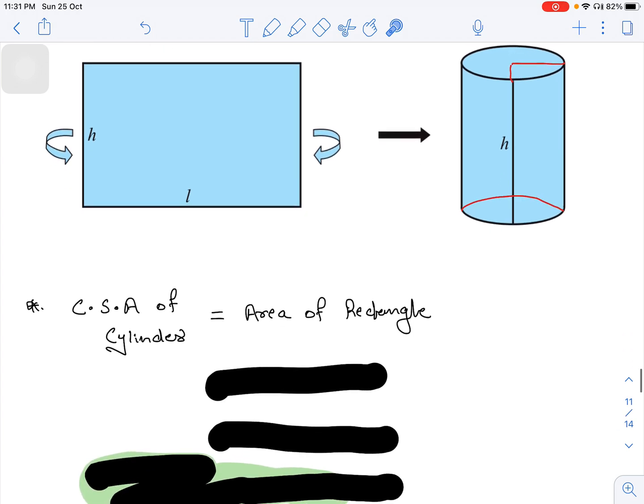Now in this rectangle, when we are folding this one by the length, this length will be converted into a circle.